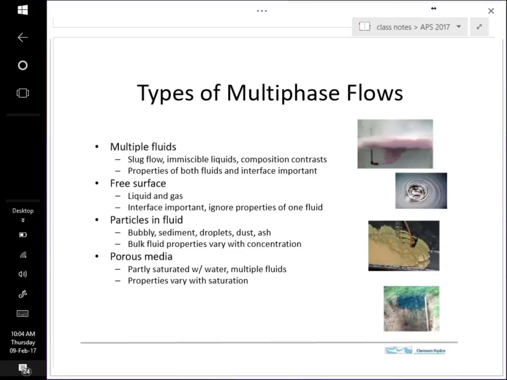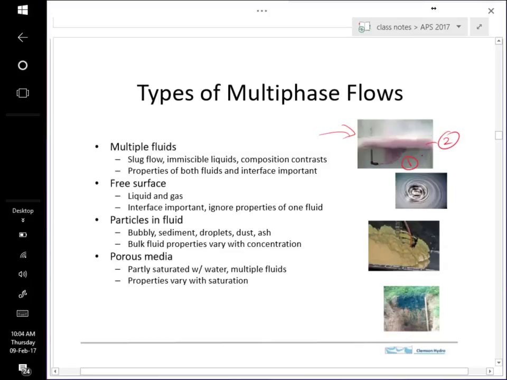Now, there are going to be several different kinds of multiphase flows that we'll want to be able to simulate, and we've seen some examples of them so far. At the top is just multiple fluids, and here's this example of oil floating on water, and in this case, we'll have fluid 1 and fluid 2.